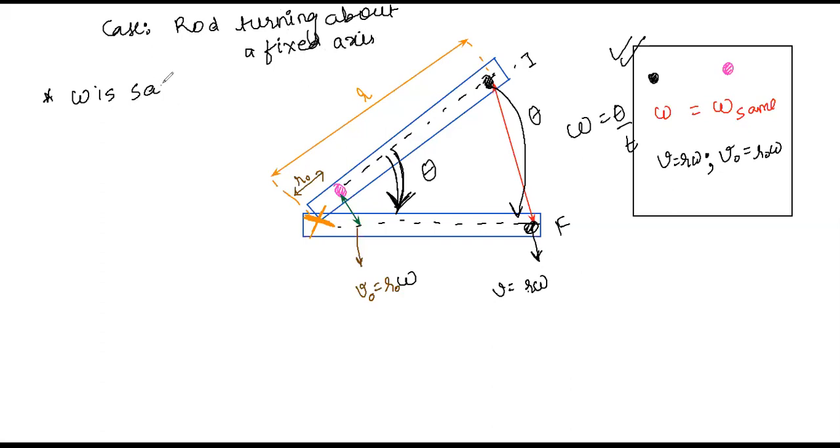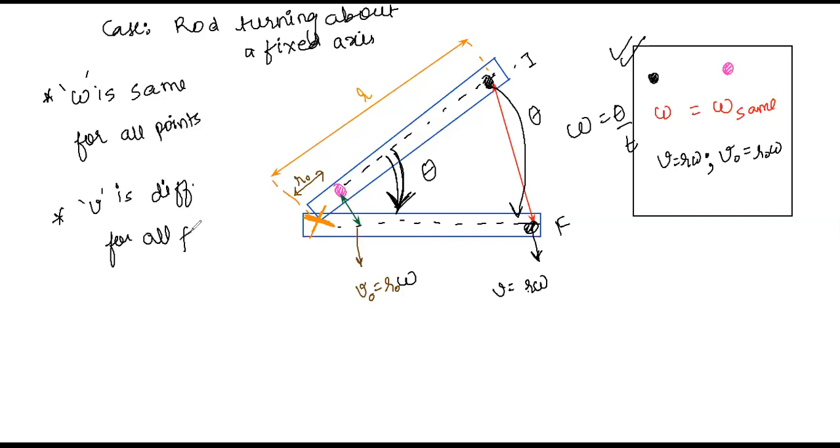Omega is same for all points, whereas V, or linear velocity, is different for all points. Write it down, class. And how is it given?